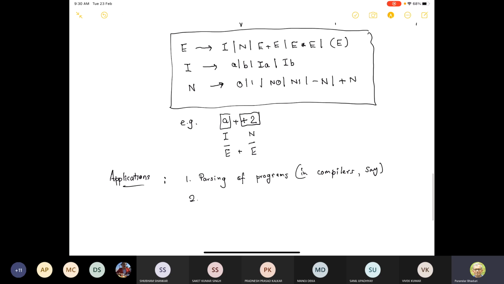And then in markup languages like HTML and XML, these documents have a tree-like structure. Okay, so they can be specified by context-free grammars.